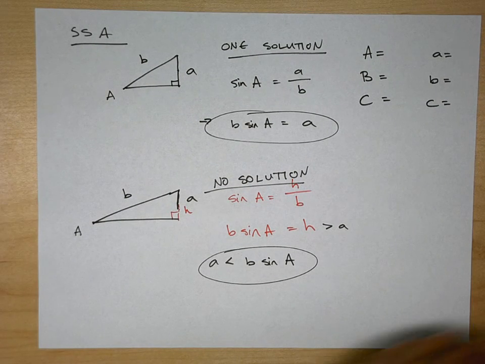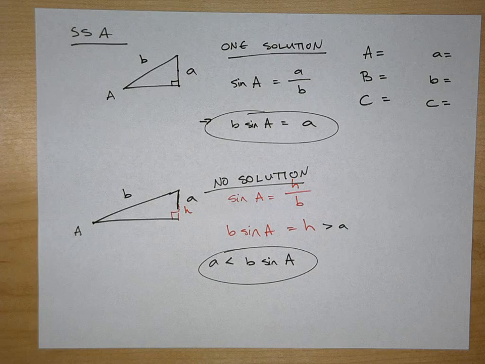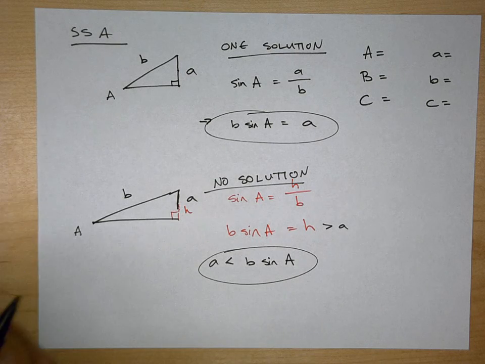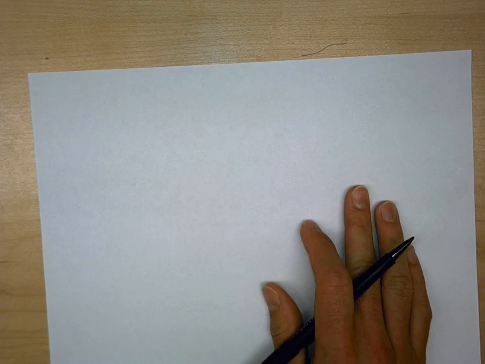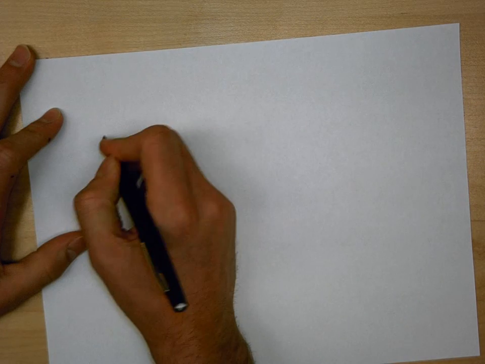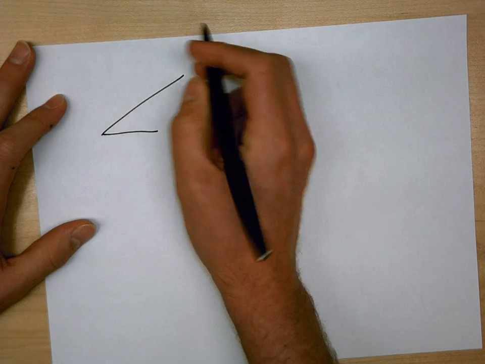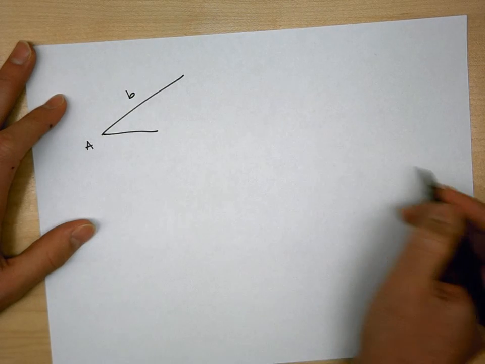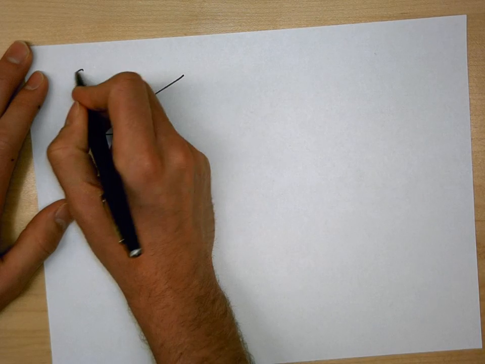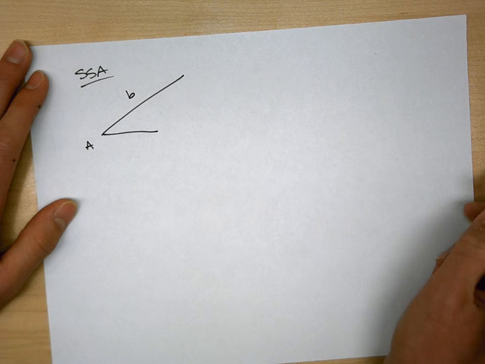The other one is the tricky one, and that's where we end up having a possibility of two solutions. So suppose you have this same triangle going on, and here's b, here's angle A. This is again side-side-angle.